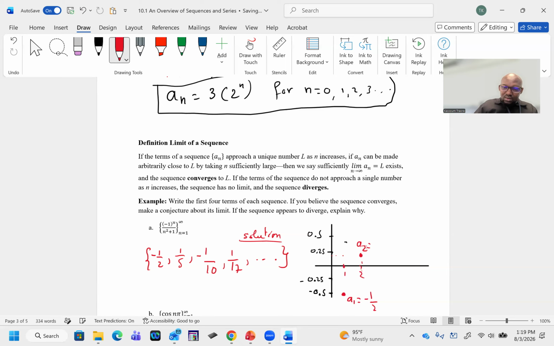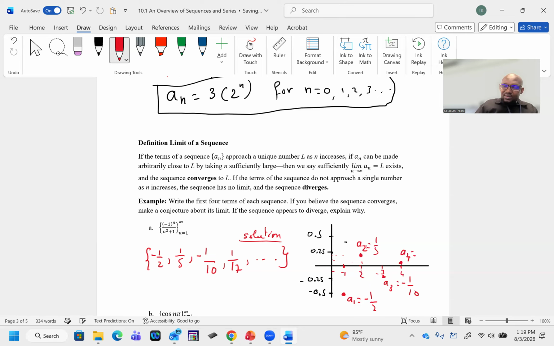But a sub 3, when n is 3, is negative 0.1, which is very close to 0. And a sub 4 is 1 divided by 17, which is 0.05, very close to 0. Do you see?